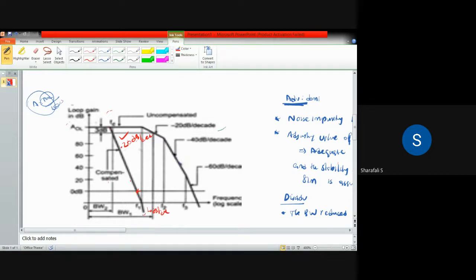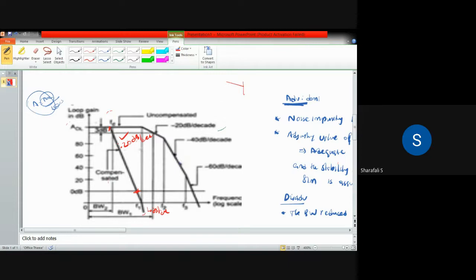So when it reaches 0 dB, we need the same slope from that break frequency up to that 0 dB. Then we can say that the variation is very smooth. In the example I have drawn, I have taken the slope in a different manner.